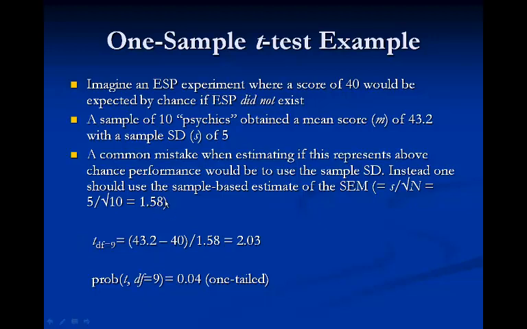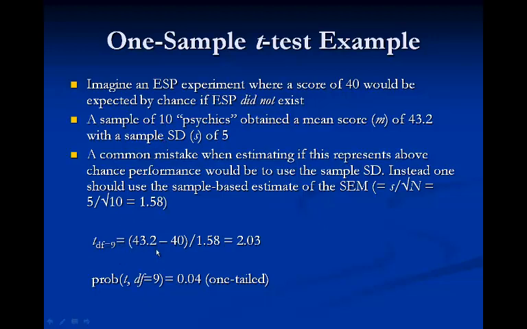That's our measure of variability in the denominator, the bottom part of the t ratio, the fraction used to calculate t. So we put it here, and the difference, 43.2 take away 40, is 3.2, divided by 1.58, and that's a t of 2.03 with a df of 9 because it's n minus 1. The sample size n was 10, and n minus 1 is 9.